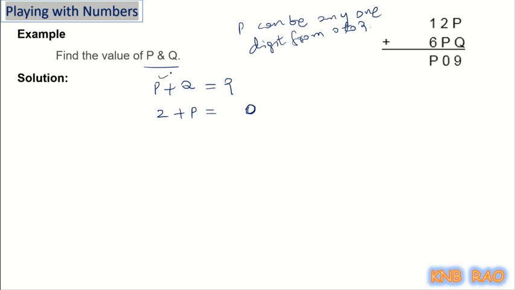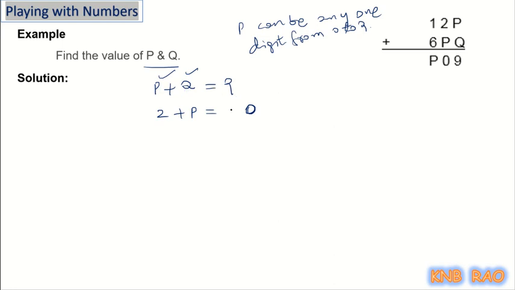Remember, P and Q are only one digit numbers. That means I have possibilities: P being 0, then Q becomes 9; P becoming 1 means Q becomes 8; if P is 2 then Q is 7; if P is 5 then Q is 4, and so on.